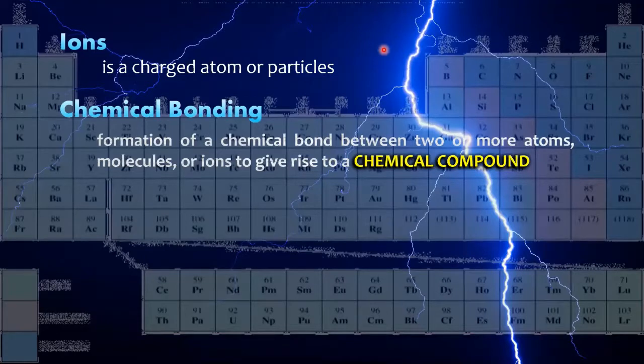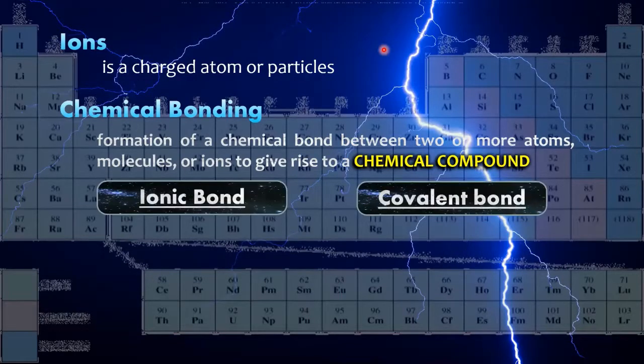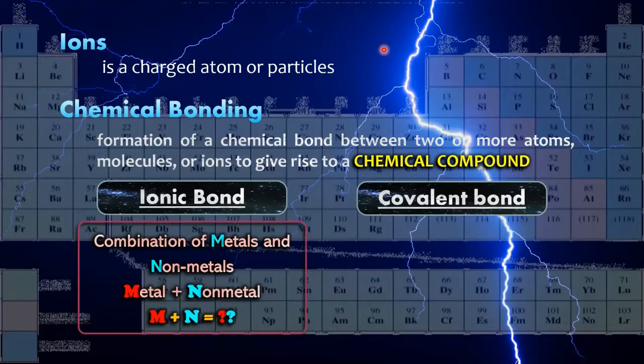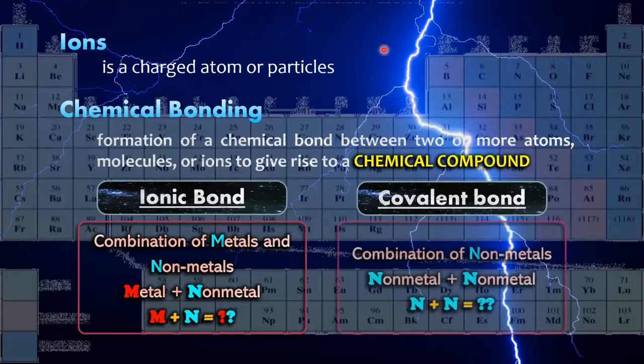We have two common chemical bonds, ionic bond and covalent bond. An ionic bond is the combination of metal plus non-metal. When we combine metal plus non-metal, there is a transfer of electrons. Covalent bonding is the combination of both non-metals.